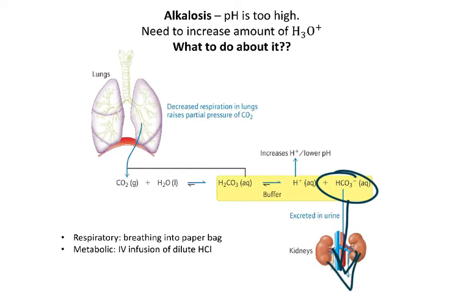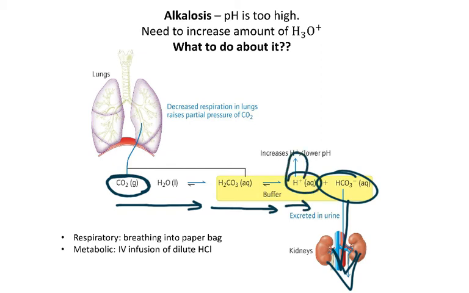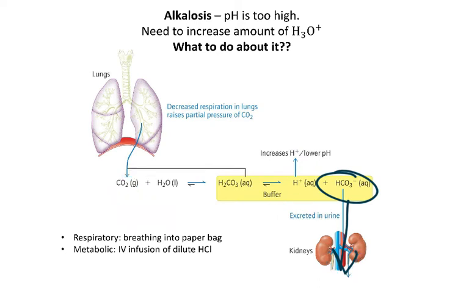We need to try to raise the CO2 levels, decrease respiration in the lungs. Slow down breathing, shift things this way to produce more H plus and bring the pH back down to a normal level.